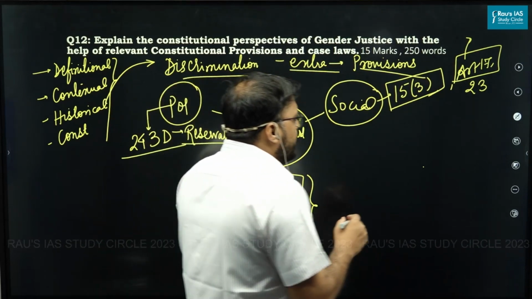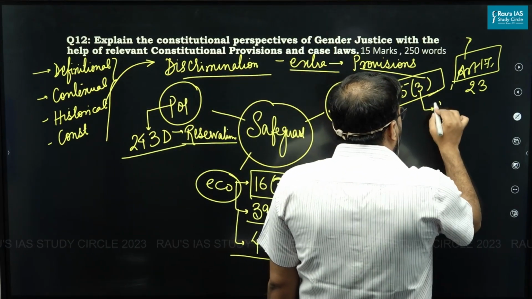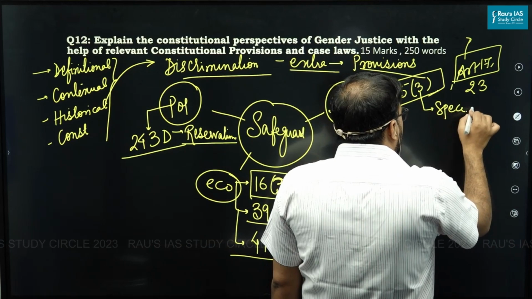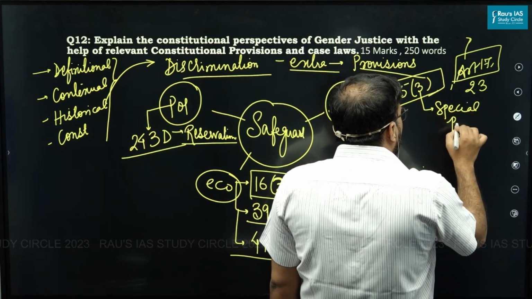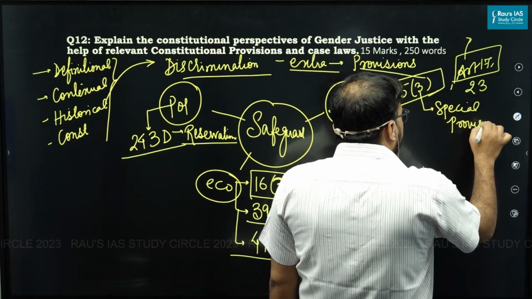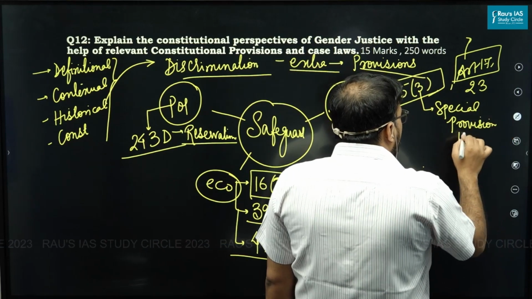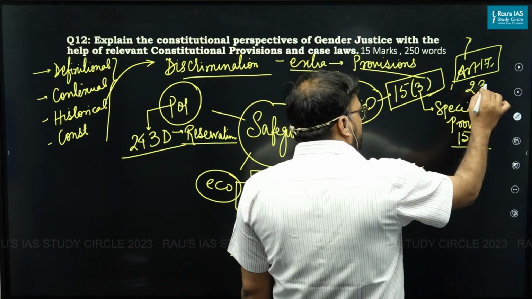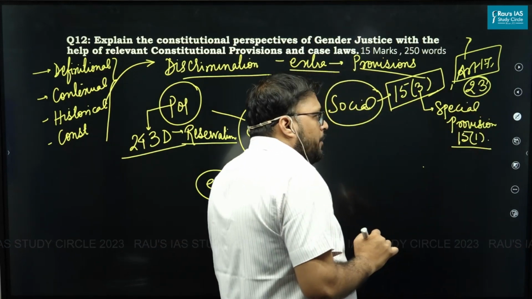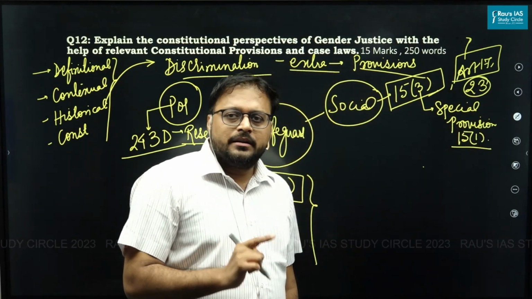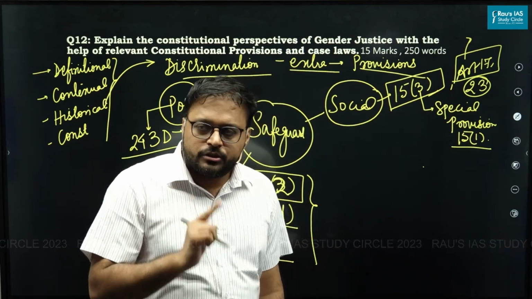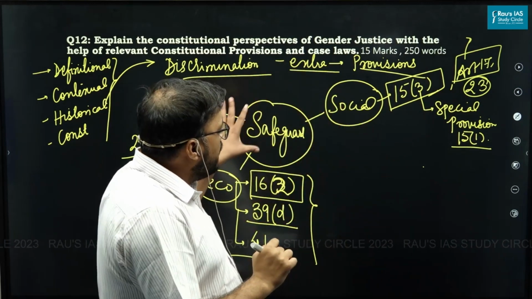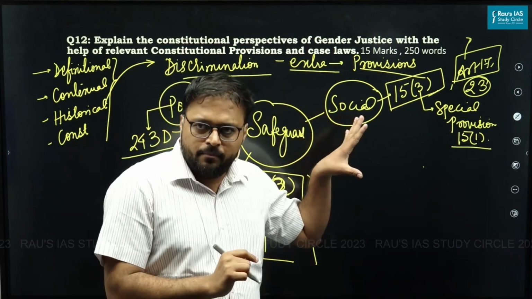So under article 15 clause 3, we can mention that a state can make special provision for women. And this will be considered as an exception to 15 clause 1. Article 23 is talking about the prohibition on trafficking, begar and forced labor. So these are the safeguards that you can mention.